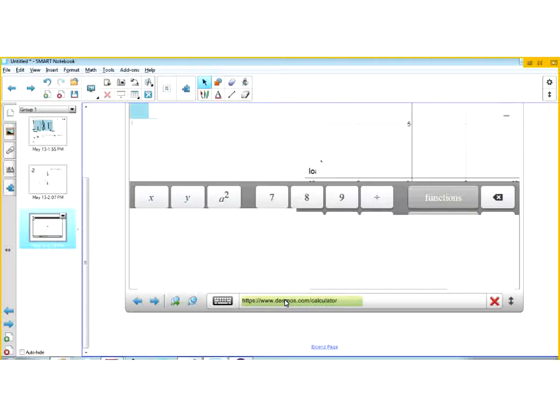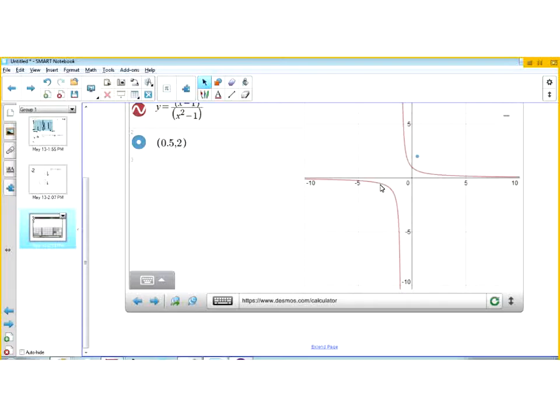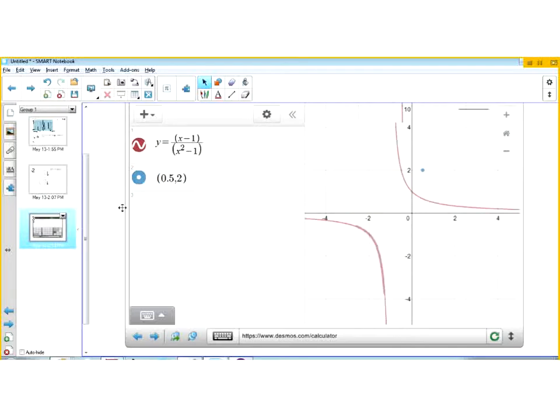And I'm going to give it a value at x equals 1 through a piecewise structure. So here we go. y is equal to x minus 1 divided by x squared minus 1. And the next thing I'm going to do is define the point (1, 2). So let's plot this point. Okay, so this time, here's my graph. So I forced the function to actually exist at 1.